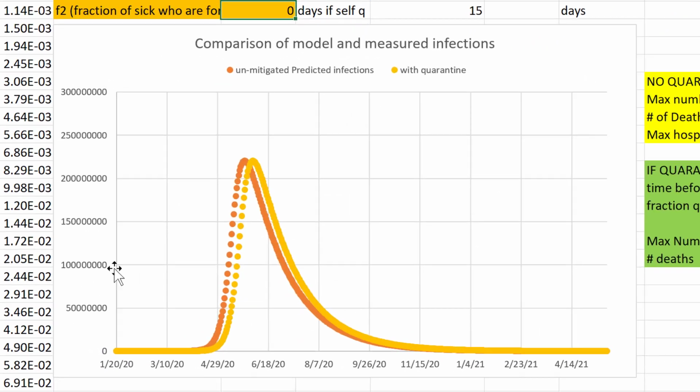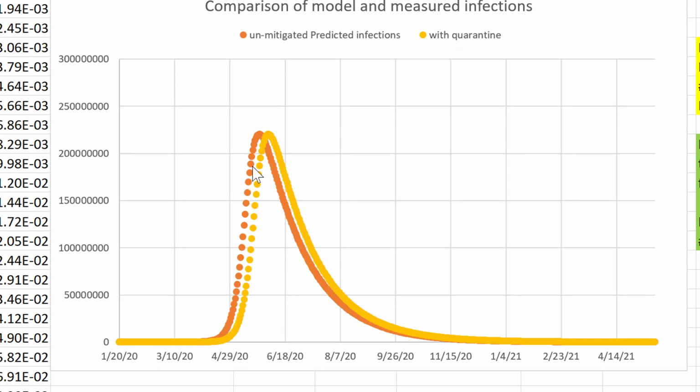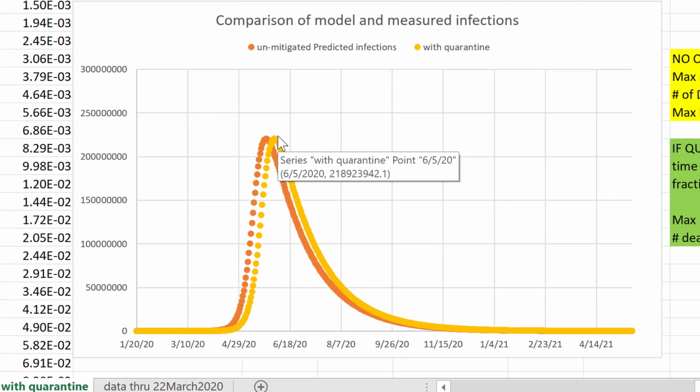What you see happening is that the red dots represent the unmitigated infection rise. The orange dots or yellow dots represent what would happen if all we did was social distance. You see that what it did is it pushes the peak off to the right. It buys you time, but it doesn't change the magnitude of the peak.